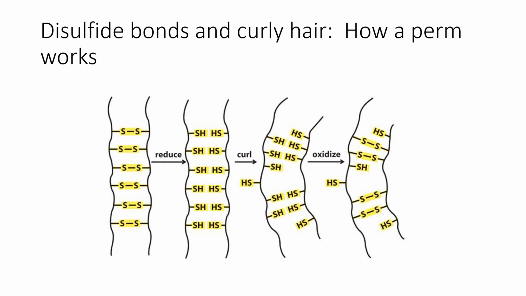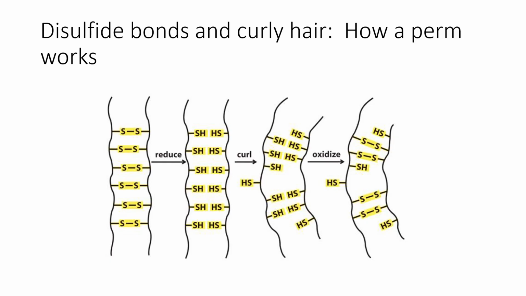Maybe they've gotten better with this, but are they still stinky? Yeah, they're really stinky. So they use a reductant, and things that reduce are generally stinky. You use a reductant to reduce the disulfide bonds in your hair, then curl your hair into the shape that you want, and then you reoxidize, you remake those bonds in the new shape. And that's why a perm will hold your hair in the curly shape.